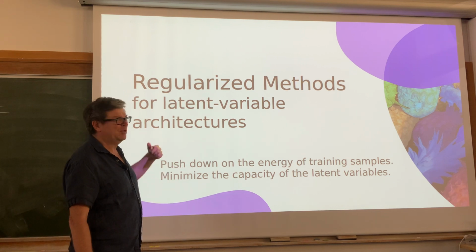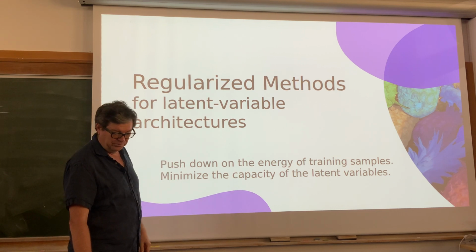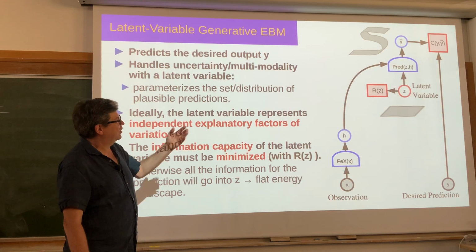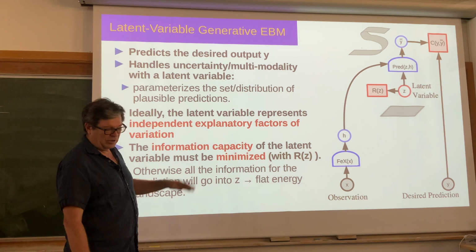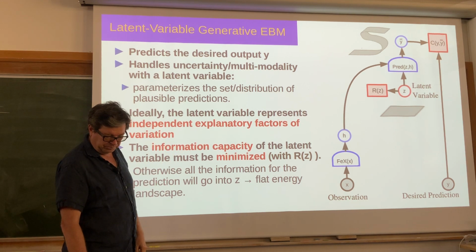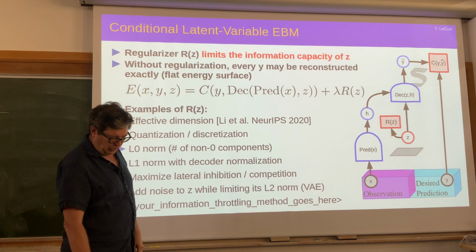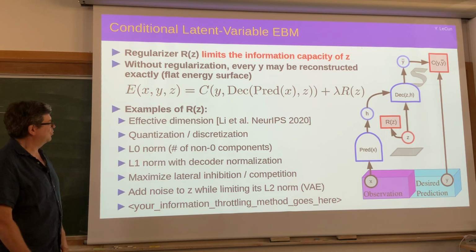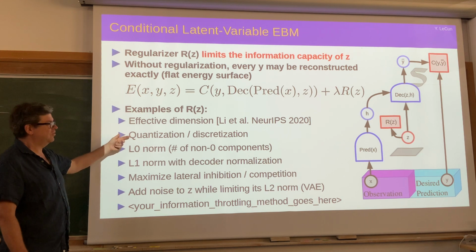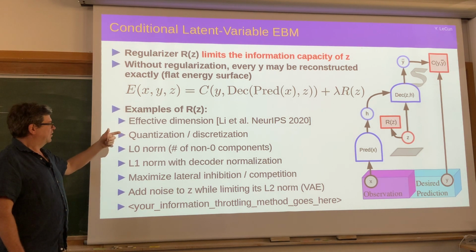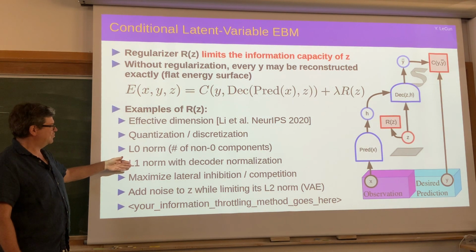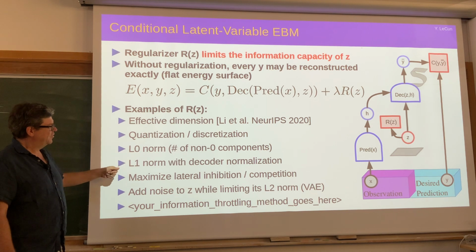And then there is the problem of minimizing the information content of the latent variable. Again, you can have a collapse if the latent variable is too informative, regardless of which architecture you use. To minimize the information content of this latent variable, we can do a number of different strategies. We can quantize it and discretize it. We can minimize the number of non-zero components if it's a continuous vector. We can minimize the L1 norm, which is nice because it's convex and differentiable, more or less.